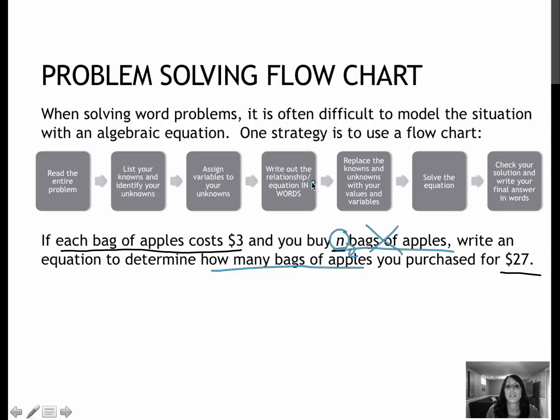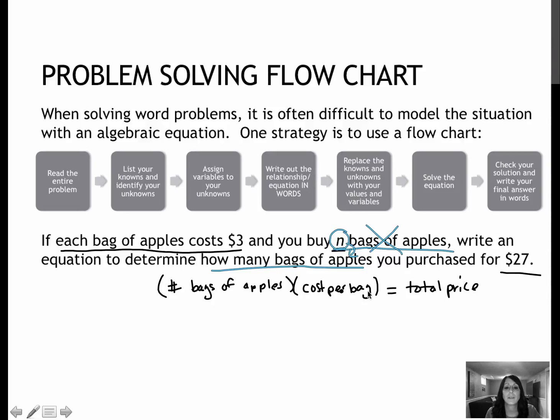Now we're going to write out the relationship in words. So we want to look at what's going on in this question and talk about it in words before we start throwing in 3 and n and 27 and all of that. So in words, I could say that if I take the number of bags of apples and I multiply that by the cost per bag, that I should get my total price.